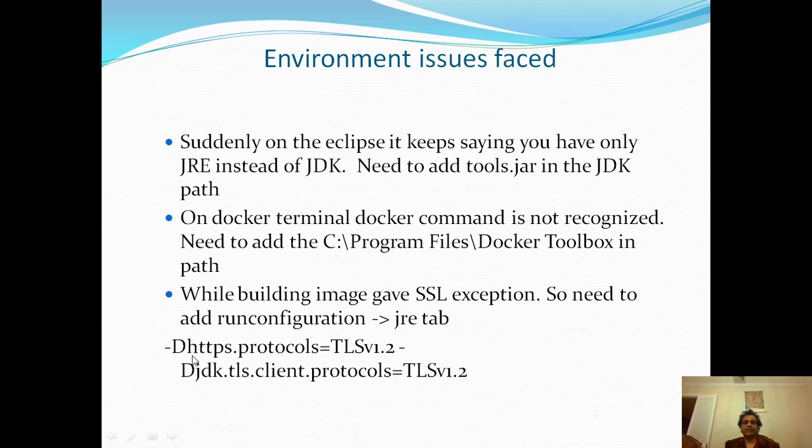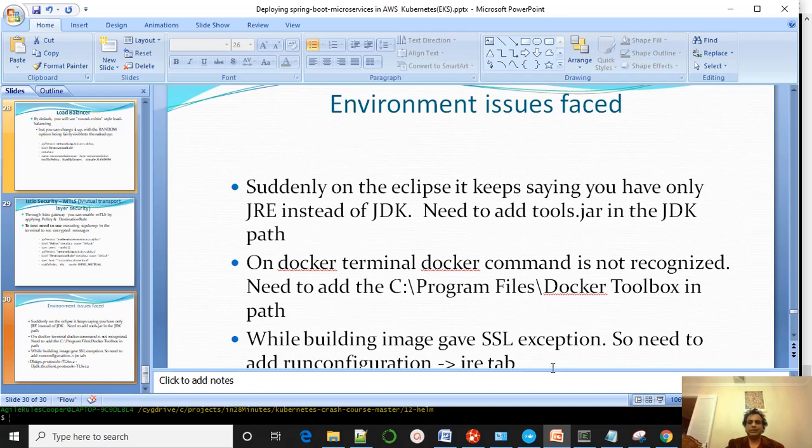Basically, while trying to run the Maven target, I need to make sure to add this configuration: https.protocols TLSv1.2, then jdk.tls.client.protocols TLSv1.2. So yeah, once I did all this, I was able to create the image, and that's today's demo I showed you guys.